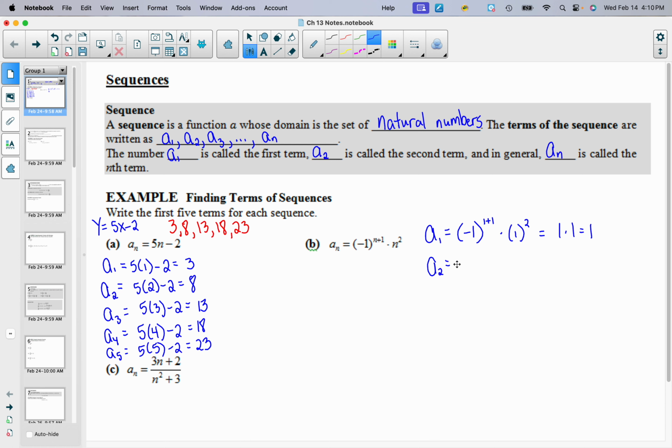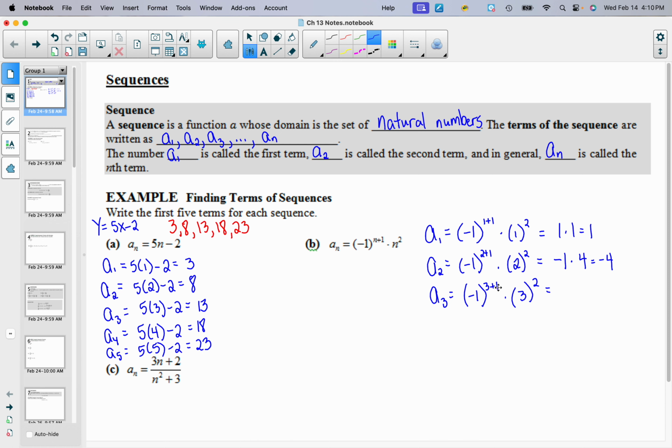Then I have to find a sub 2. So I have negative 1 to the 2 plus 1 power times, this time n is 2 squared. So negative 1 to the third power is a negative 1. 2 squared is 4. So I get negative 4. A sub 3, we have negative 1 to the 3 plus 1 power times 3 squared.